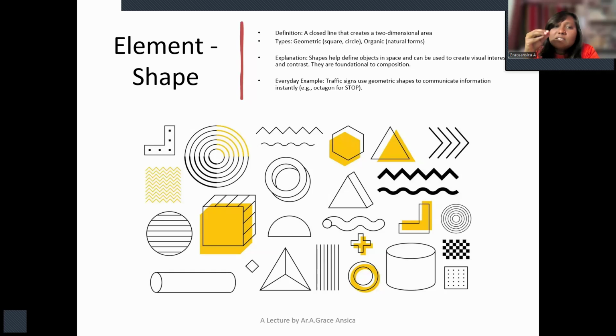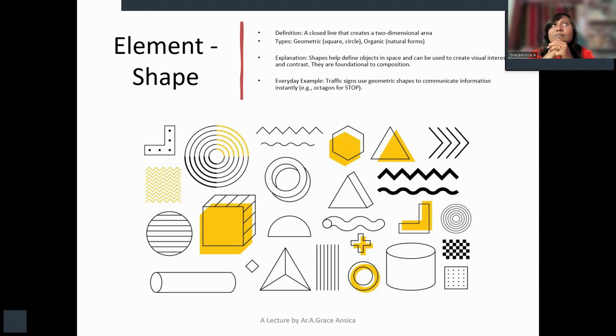So we cannot restrict it. But let's say there is a small hexagon and there's a big hexagon over here. This itself is going to give a different meaning, right? If I want my eyes to come towards the small hexagon, but there's a big hexagon over here, how do I do it? Do you understand? So size also matters and shape can also differ.